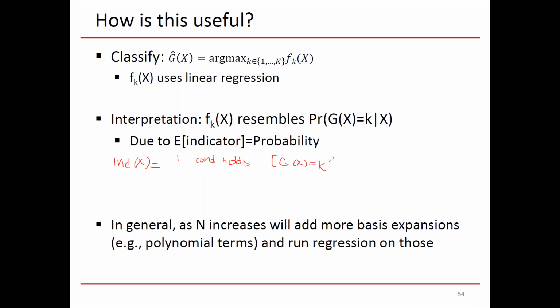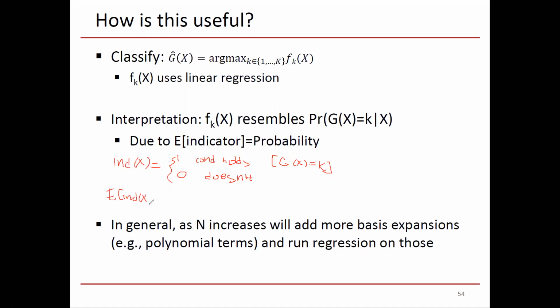That's a possible condition. And it's going to be 0 if the condition doesn't hold. And now we're asking, what is the expected value of this indicator function?